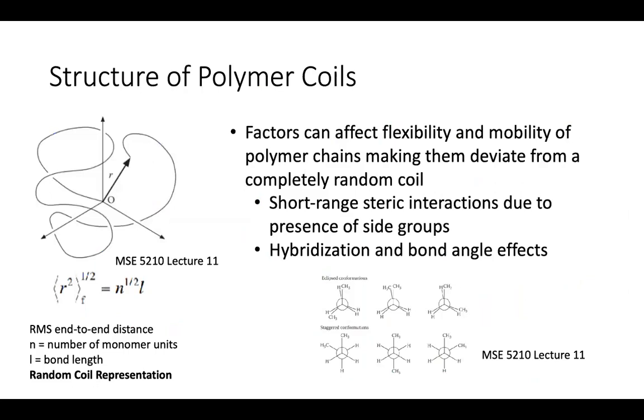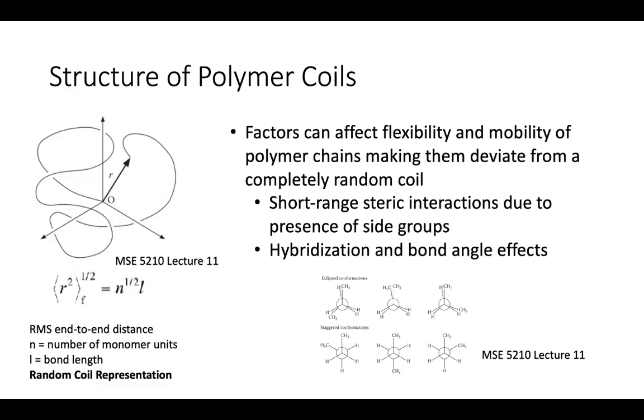So a quick introduction to the basics of the structure of polymer coils. The top left shows a random coiled polymer, and R in this representation is the distance from the origin, which is one end of the tail, to the other end of the tail. So R here represents the root mean square end-to-end distance.